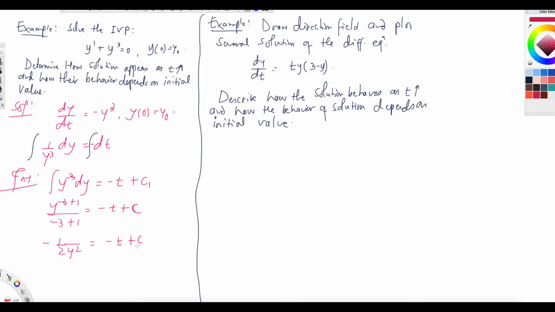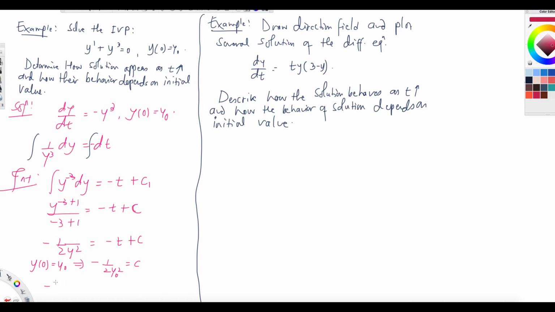Next I want to use y at 0 equals y0. If you do that, you get negative 1 over 2y0 squared equals c. Now let me plug in the value of c.